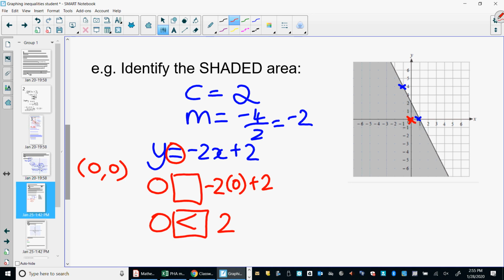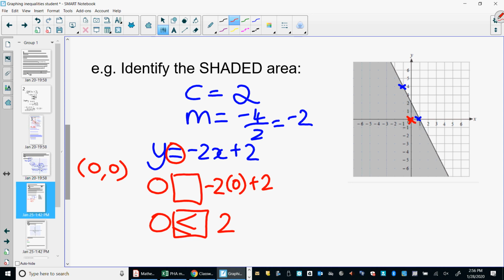Am I going to choose the 'or equal to'? Well, in this case, look at the kind of line that they've drawn. Is it solid or is it dotted? Solid. So solid lines indicate that it would be 'or equal to'.